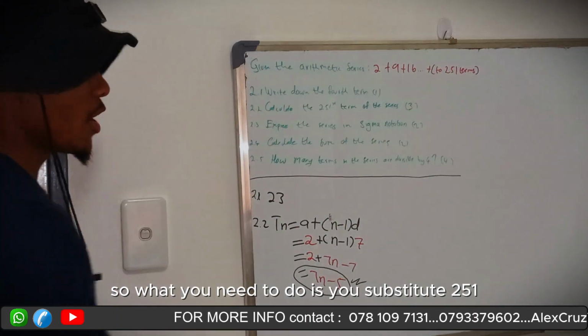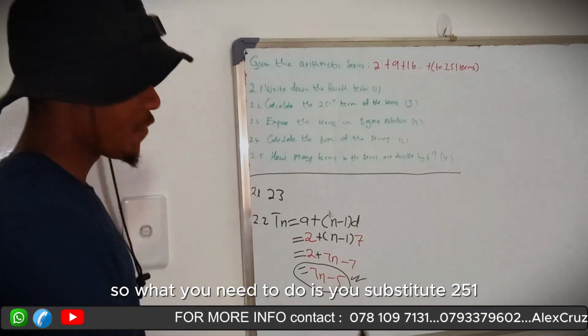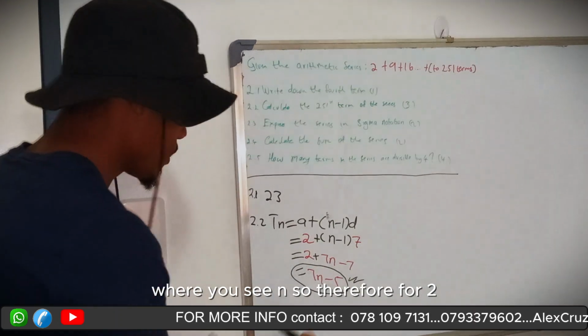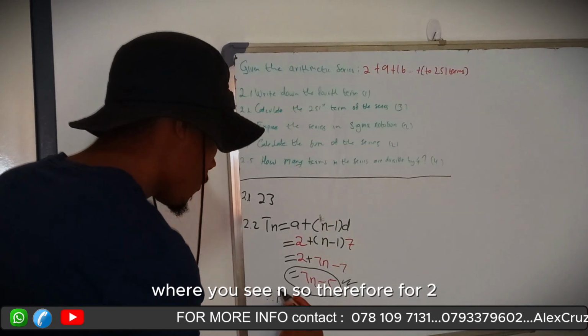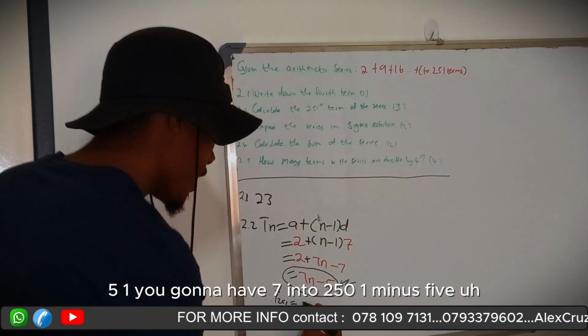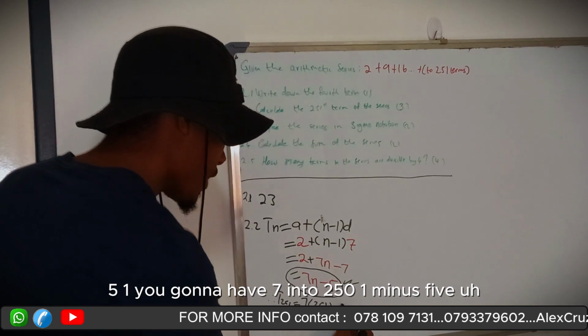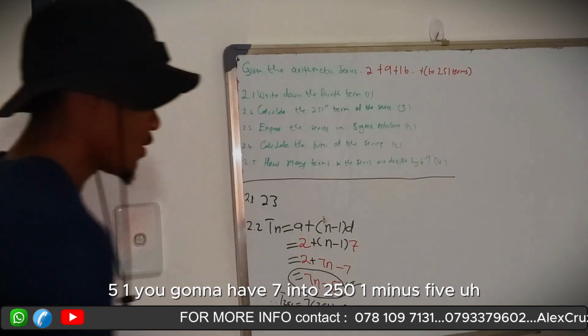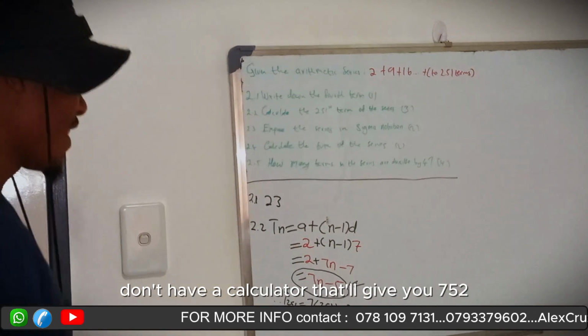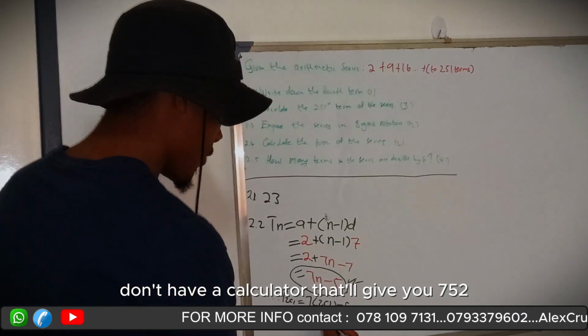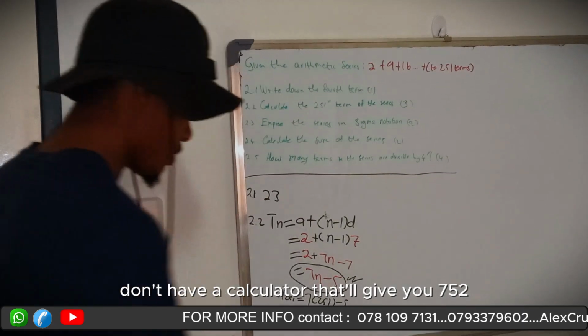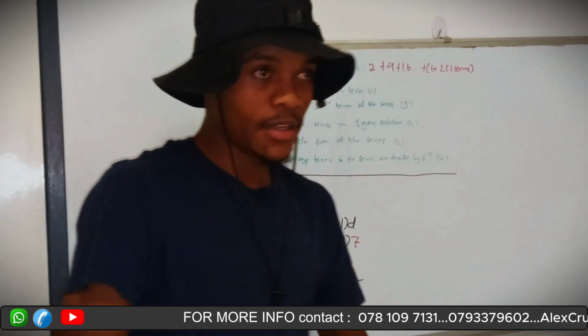What you need to do is substitute 251 where you see n. So for 251, you're going to have 7 into 251 minus 5. I don't have a calculator. Let me get a calculator.